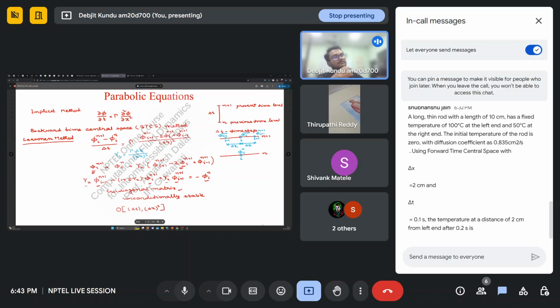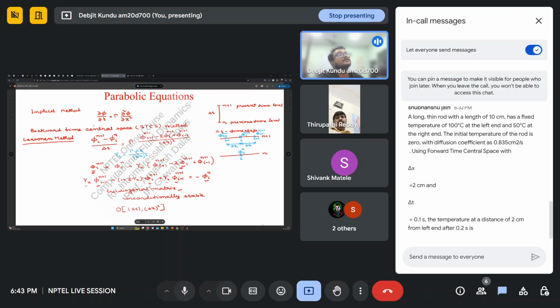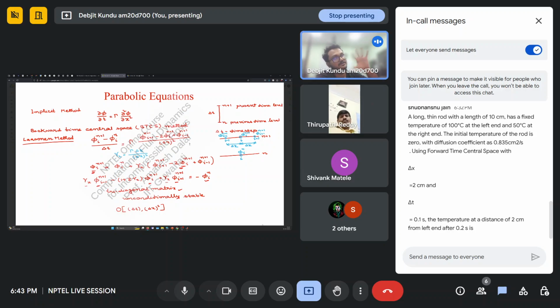So over here you will have all the counterparts at phi i plus 1 n, phi i n, then phi i minus 1 n, numbers that you already know. Over here in the backward time process, you don't know these values. You're just creating a formula, and then after that, you try to solve for all of those variables simultaneously.